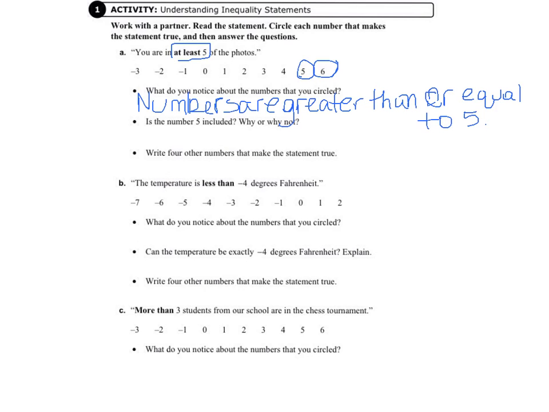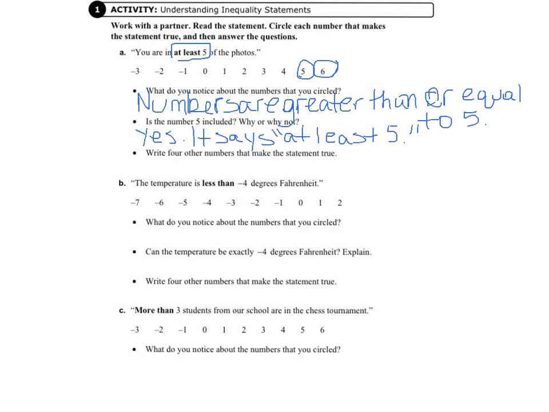So be sure you write that exactly as I did, only maybe a little bit neater. And our second question is the number 5 included? And why or why not? And the answer is yes, we did include 5 because it says at least 5. So the number could be 5, but it also could be greater than 5. So we're going to write our answer to that as well.